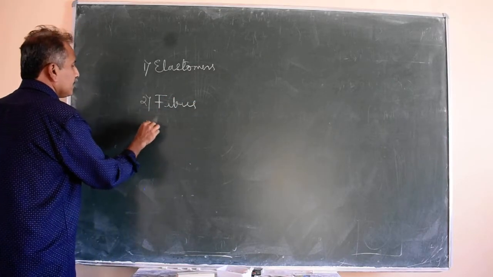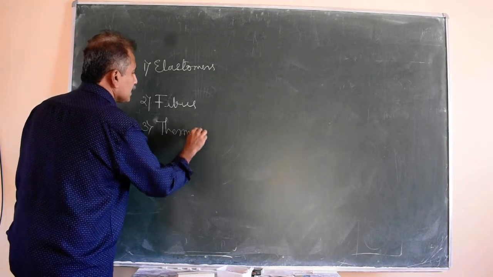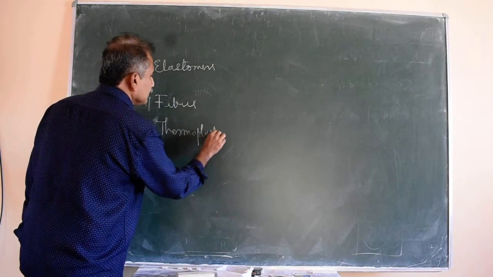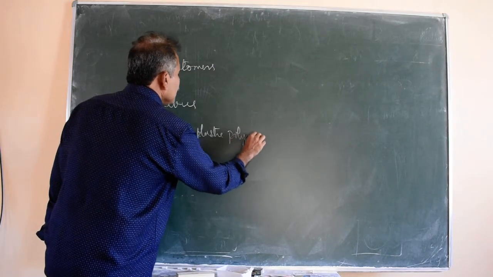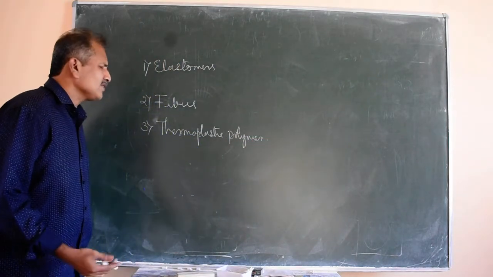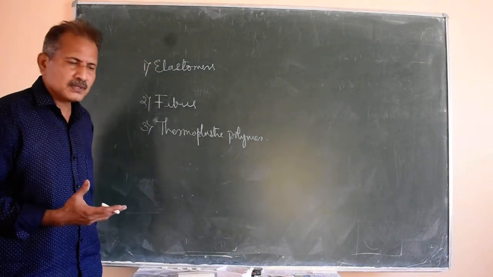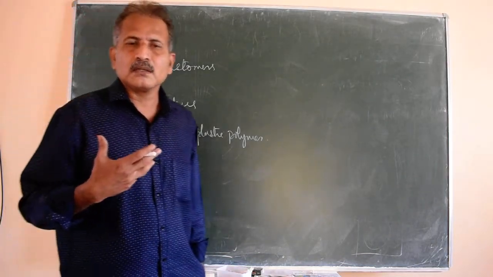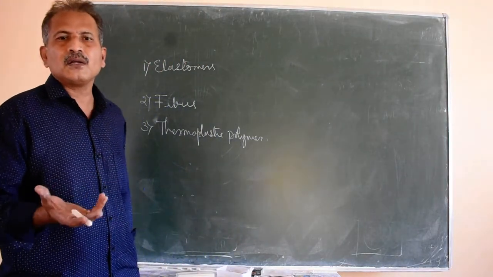And we had started in fact with the third one, thermoplastic polymer. Now these are linear or slightly branched long chain molecules, and they will repeatedly soften on heating and then harden on cooling.